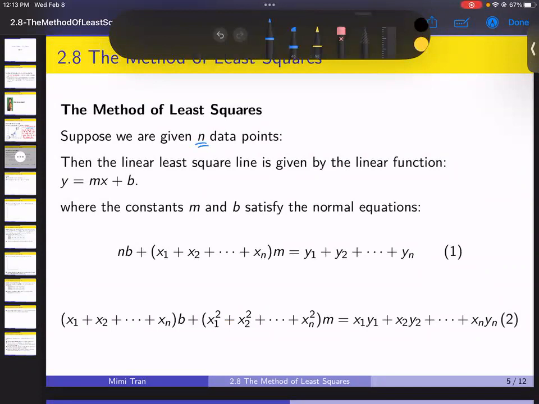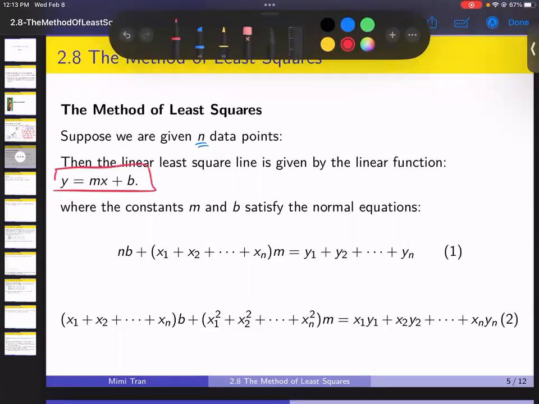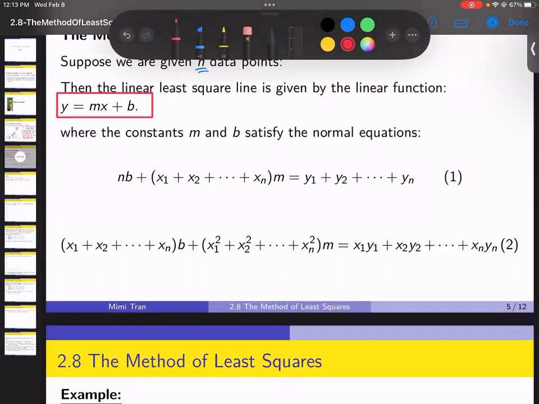If you want to find the best linear line, which is in this form, then you need a slope and a y-intercept, M and B. How do I find my M and how do I find my B? Well, here are the normal equations. They call them normal equations in statistics. You don't have to know why they're called normal equations, but in mathematics, it's translated like that.